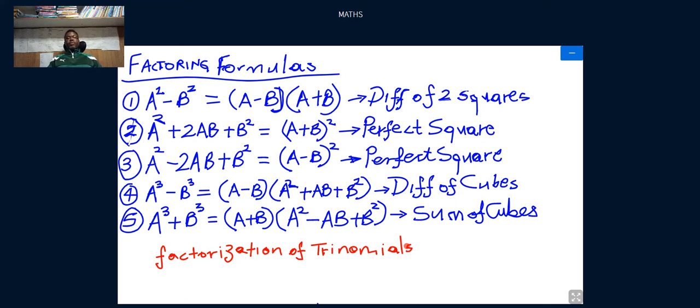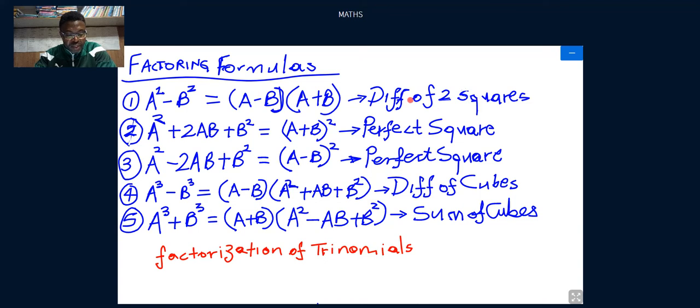So let us talk about factoring formulas. A squared minus b squared. When you factorize them, you get a minus b and a plus b.